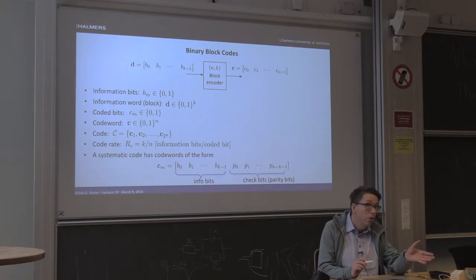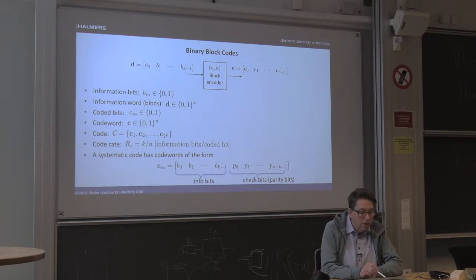But in the course now, where we have talked about block codes, we have used them mainly for error detection purposes. So the idea is that we have some data bits here that we would like to somehow protect, in the sense that we would like to add some information to these bits, such that we can detect if errors have occurred at the receiver.